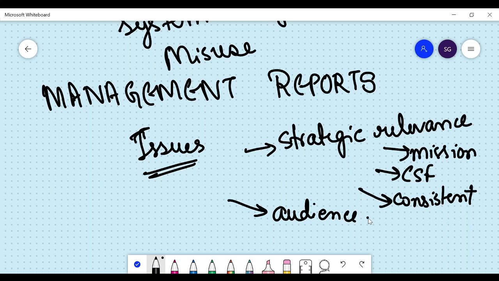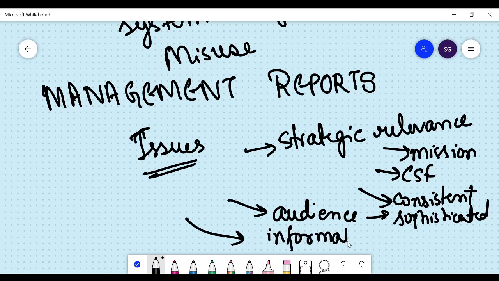Audience: they want sophisticated, detailed narrative explanations. As far as information is concerned, it can be financial, non-financial, if there are any distractions or distortions, if any.